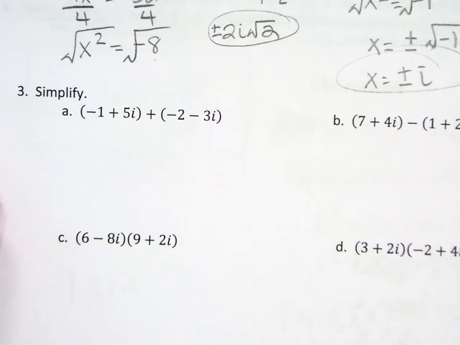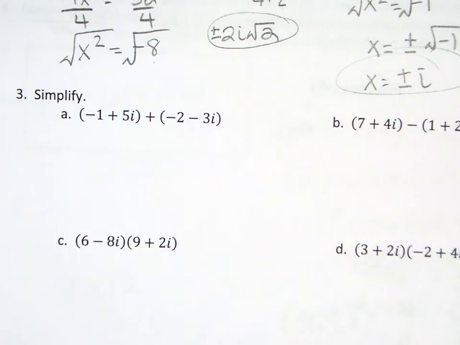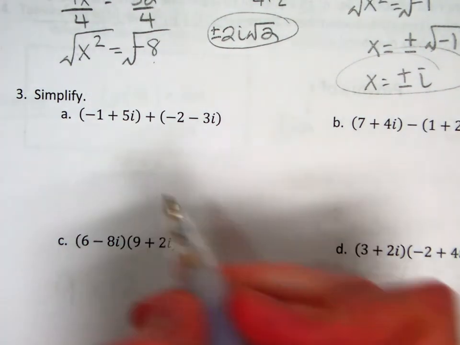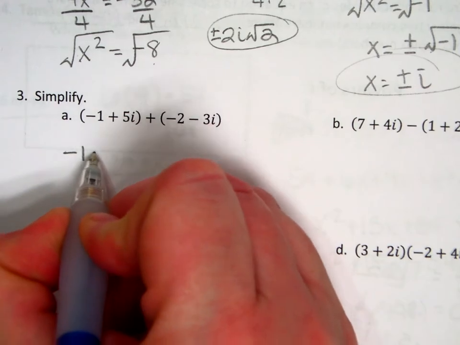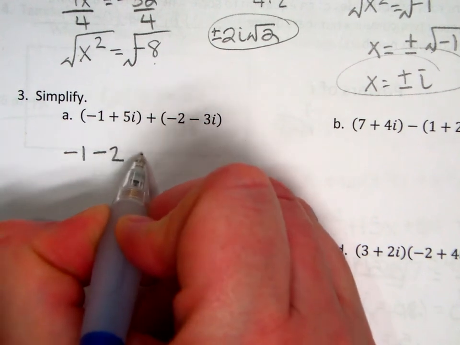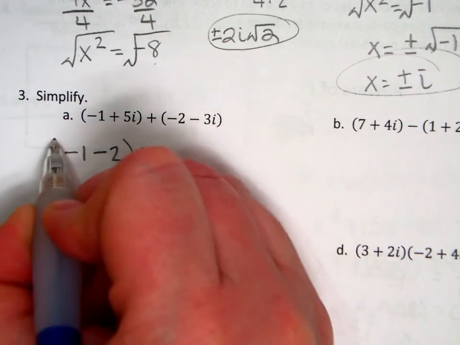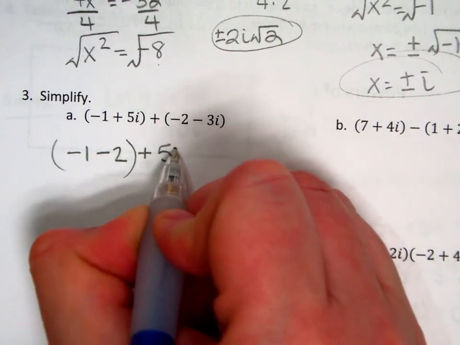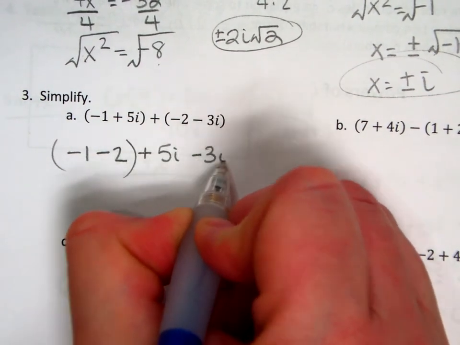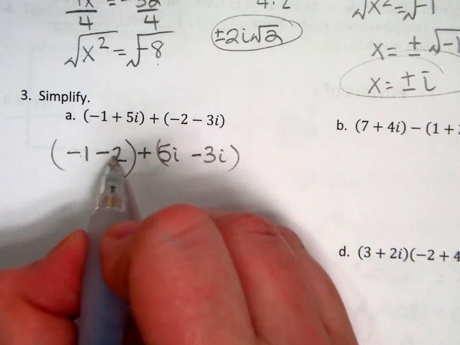Okay, simplifying. When you add or subtract complex numbers, like parts go together. So it would be negative 1 minus 2 plus 5i minus 3i.